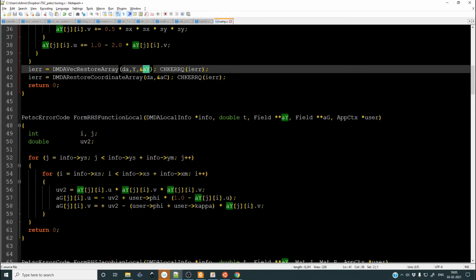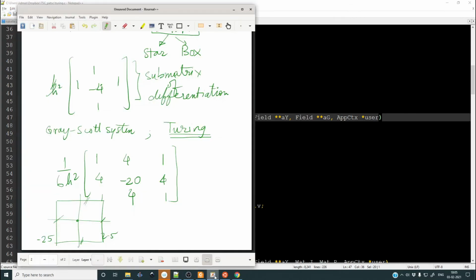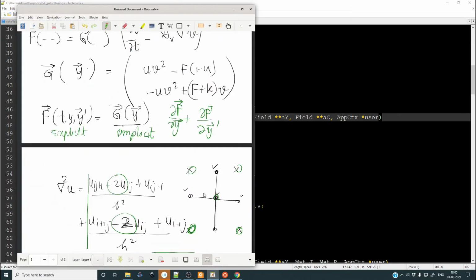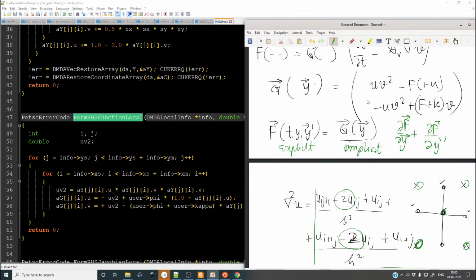Okay, so what about the form RHS function local? It's going to be done on the function g. So what is the function g? Okay, so it's going to be uv squared minus f times 1 minus u.